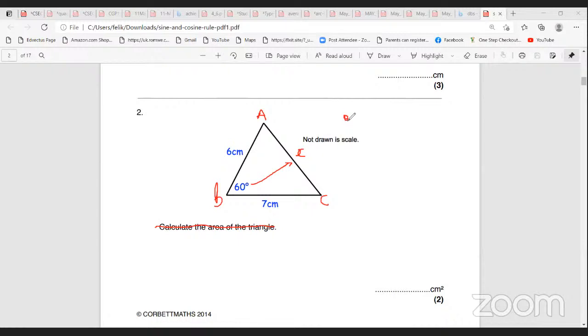So the formula is a squared equals b squared plus c squared minus 2bc cos A.